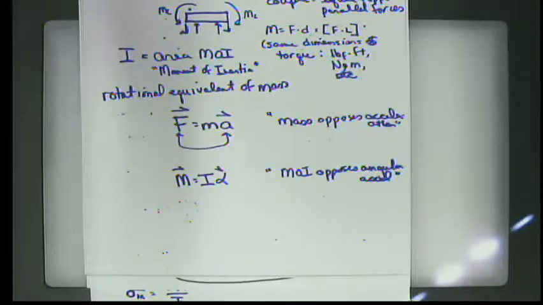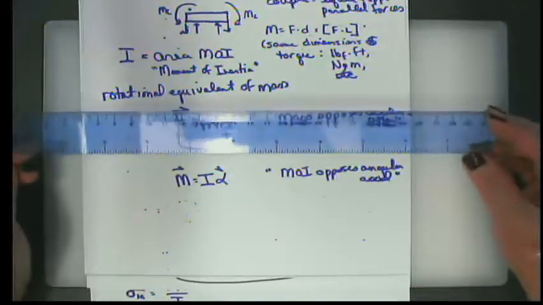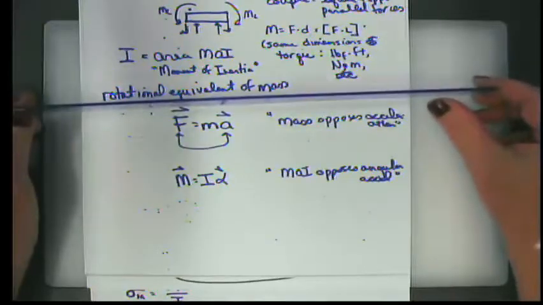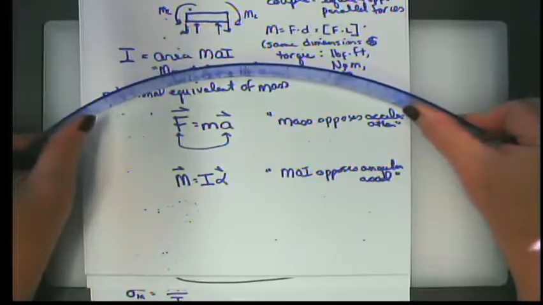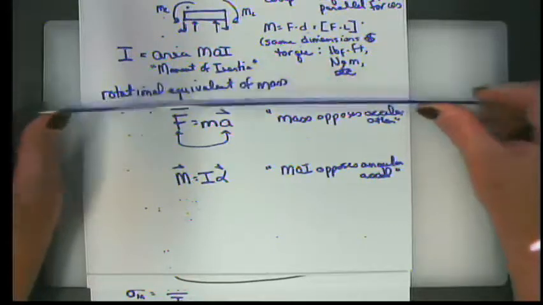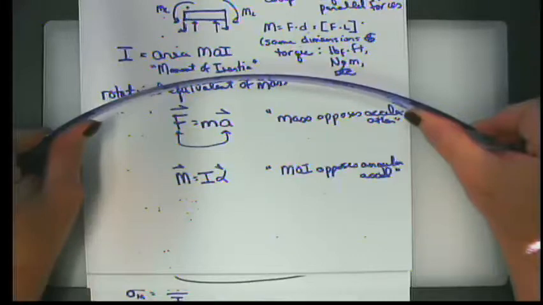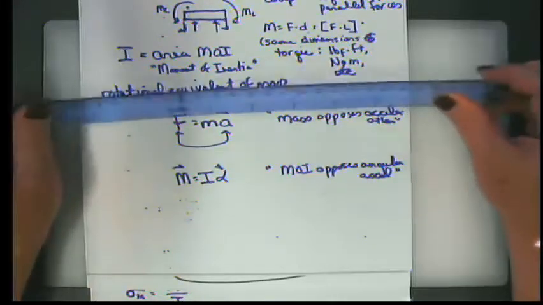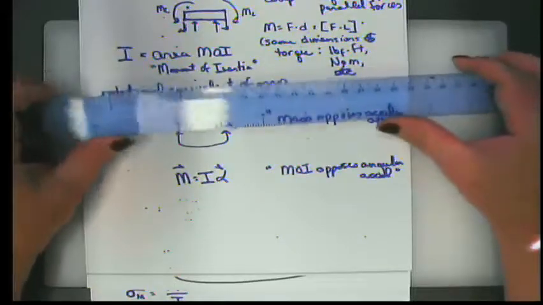So if we take something like this ruler, in the case of a pure bending moment, if I bend it like this, the resistance that I feel is an expression of the moment of inertia. I want to be really clear. Moment of inertia is primarily a mathematical concept, but this is one of the things that it describes, or that we can use to describe a physical property.